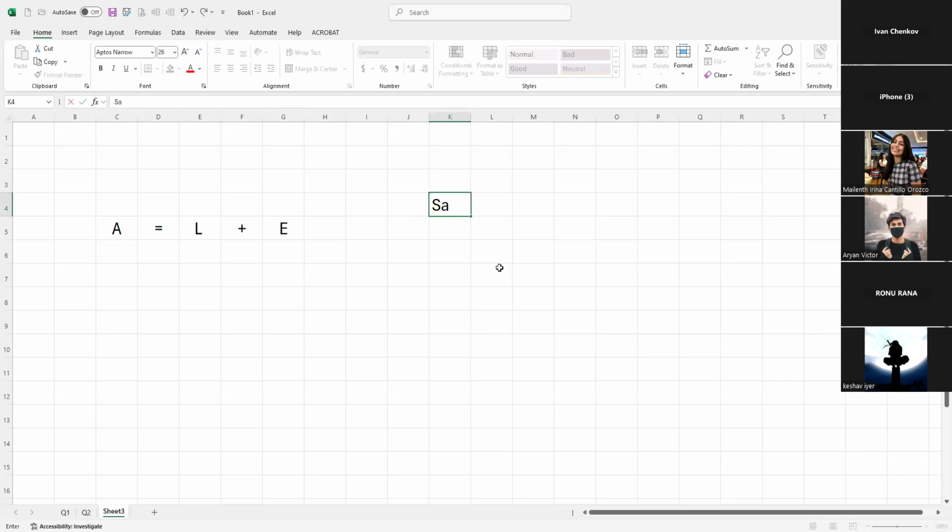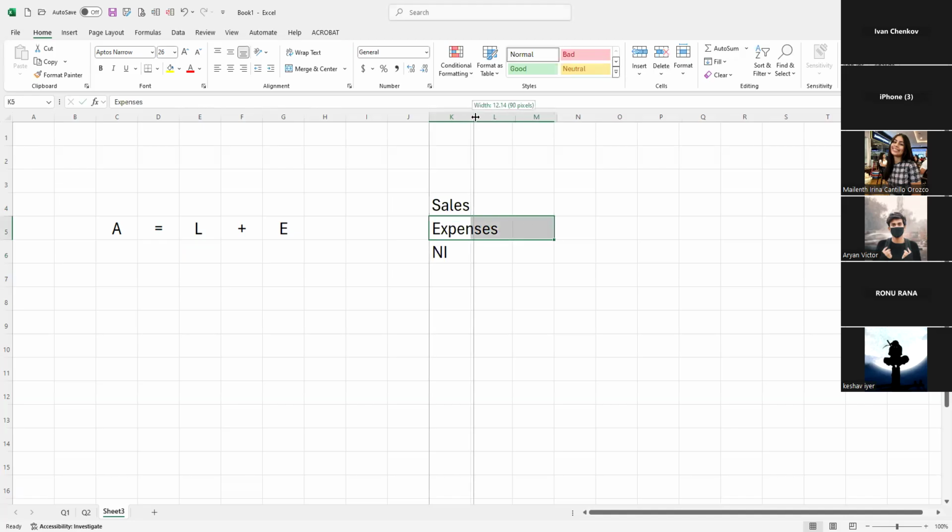Because you're chasing sales, and obviously you're going to have expenses. And those two, one minus the other, is going to give you income. Which one of those is going to give you that income?